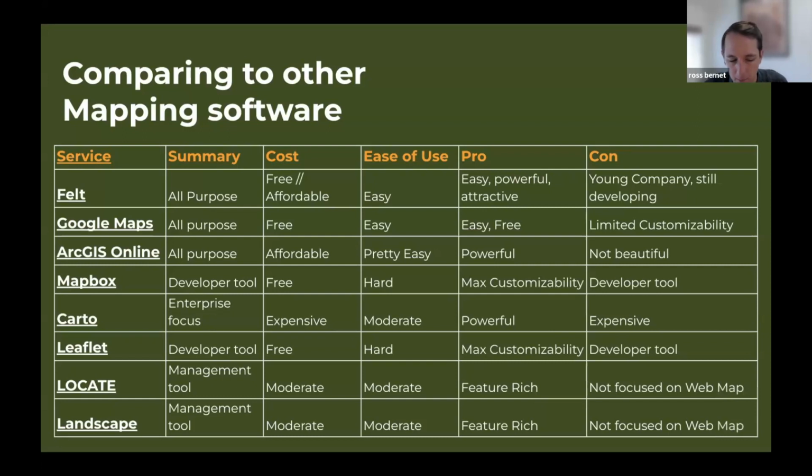There's definitely a lot more, but in terms of, to reference my previous slide, the tools you can use yourself, I didn't include consultants here because that's pretty obvious. This describes some of the different tools, comparing Felt to Google Maps to ArcGIS Online, Mapbox, Carto, Leaflet, Locate, and Landscape. So yeah, different tools, different pros and cons, really important to understand what you want to achieve.